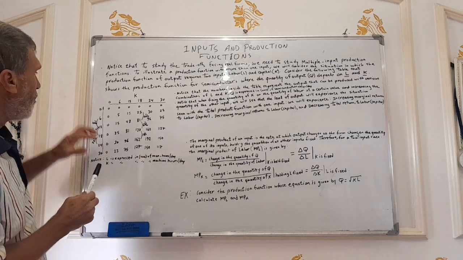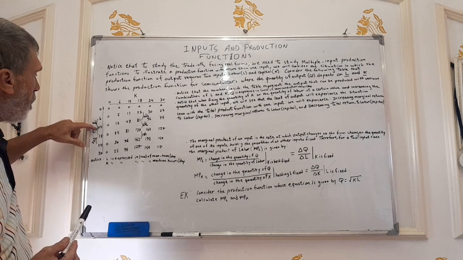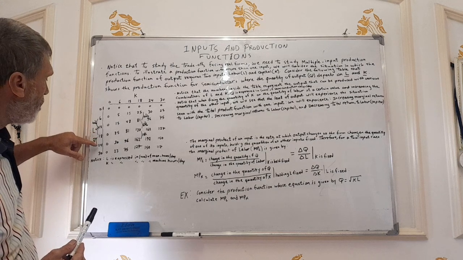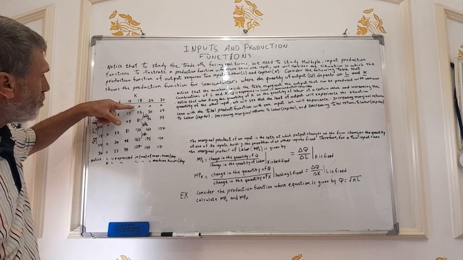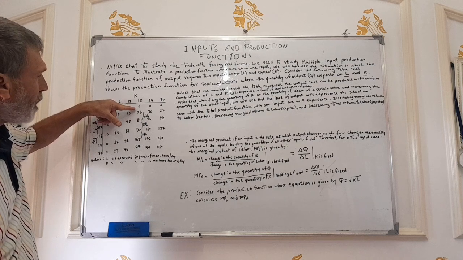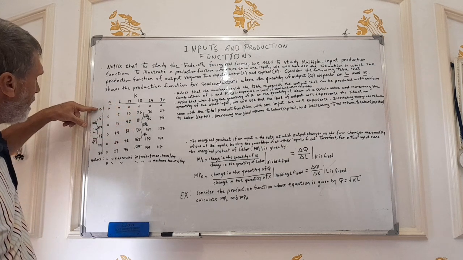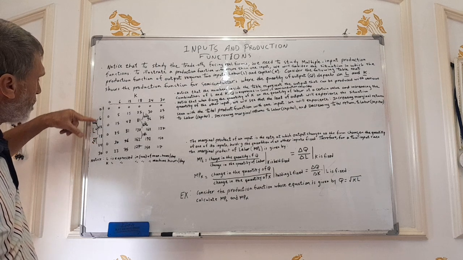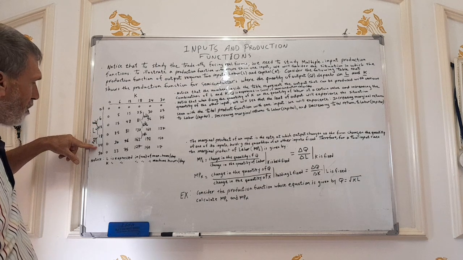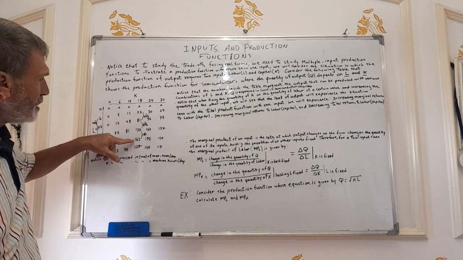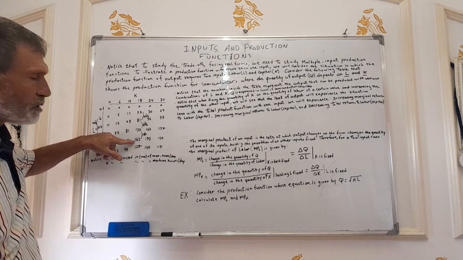Which is actually from 0 to 12. Now, what about from 12 to 24? Here we can see initially the amount of output increases as the labor increases all the way up to 24. Beyond L equal 24, the amount of output decreases, as you can see, it becomes 127 rather than 162.